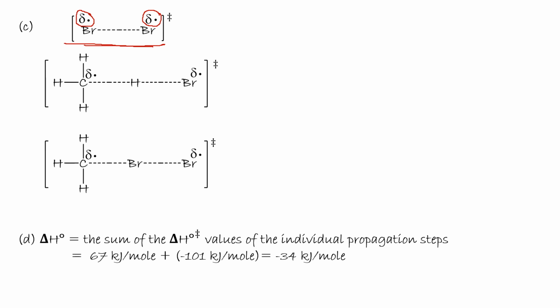For the second step, the carbon-H bond is going weaker, and HBr is going to be formed, and still here is a partial radical, and here is a partial radical.